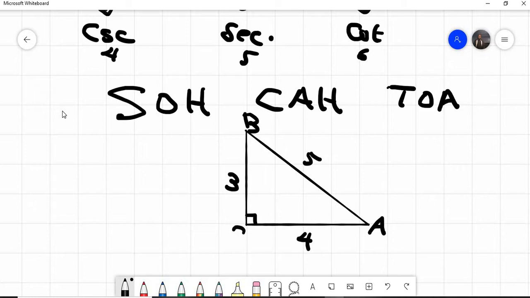You could write A, B, C the other way around, or start from the top. It's your preference.